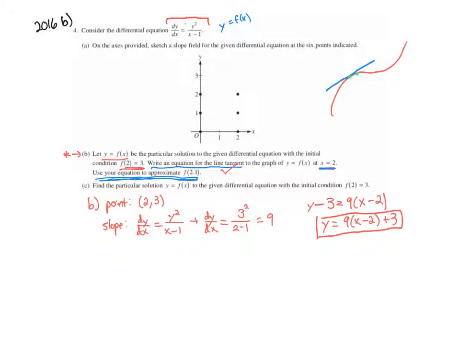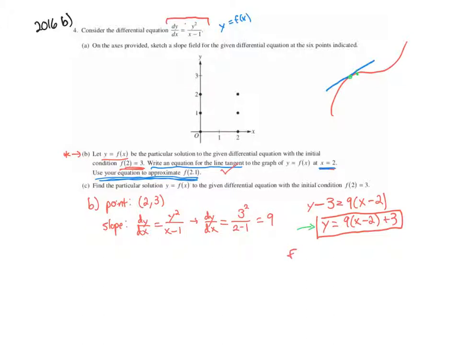So a lot of the times a tangent line is called a linear approximation, or a line that approximates the curve near a point. And what we're going to do is use this tangent line to approximate the curve at 2.1.